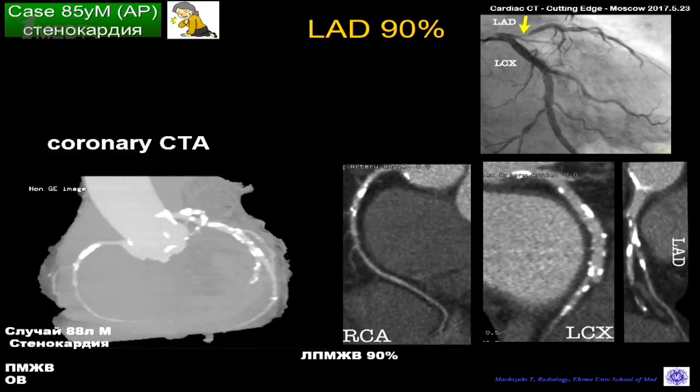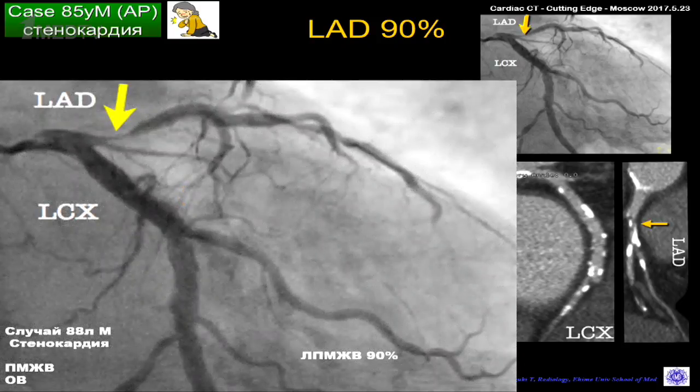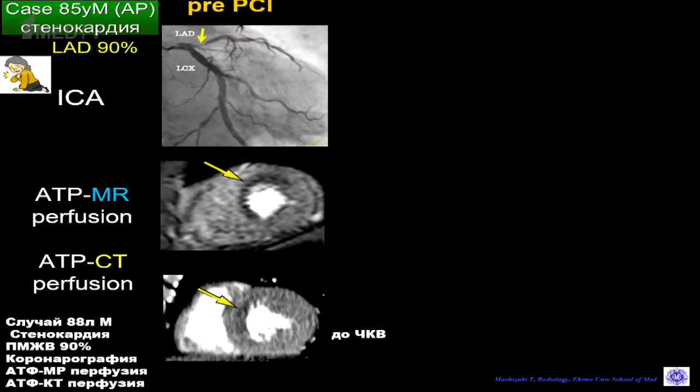So this patient had the stenosis here in the left anterior descending artery, segment 6. The patient had both MR and CT ATP stress images that can match the hypoperfusion area in the anterior septal wall here.